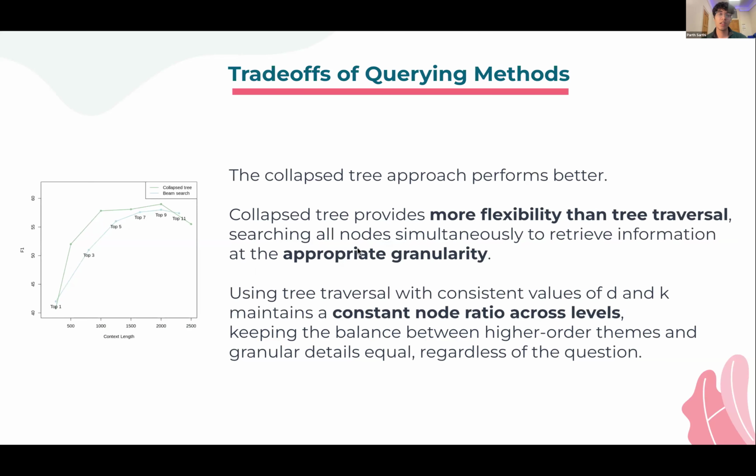In our experiments, we didn't want to tune it, so we used collapsed tree, and that performed better. But if you're using this in practice and you have an idea about what sort of questions your users are going to ask, then based on that, you can decide if you're going to retrieve from layers that are on the top or from layers that are on the bottom.